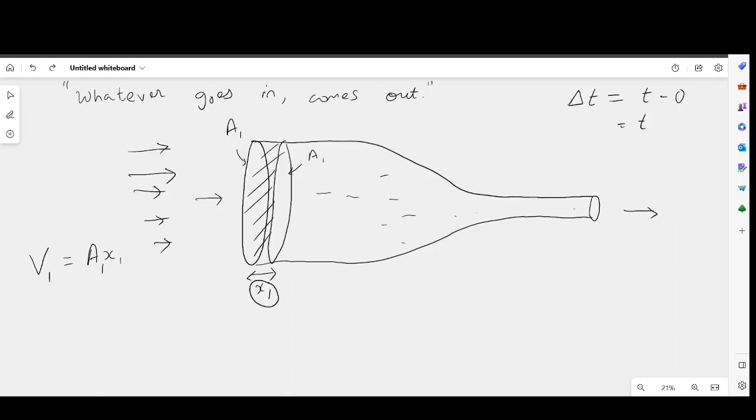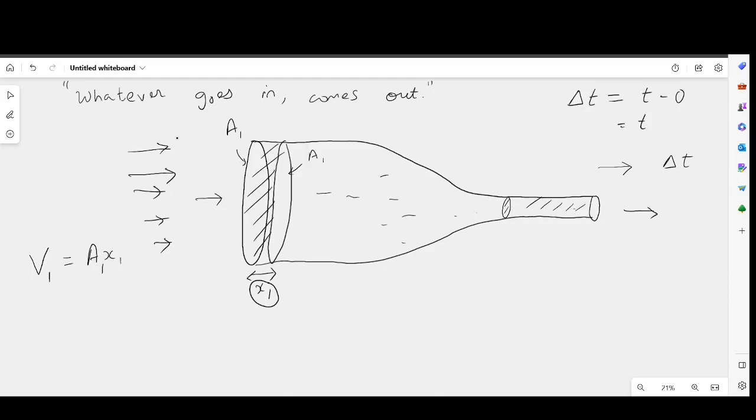So what is the amount of water that comes out from the other end in the same amount of time delta t? That volume can correspond to any value of x. For example, it can be this shaded volume, or this shaded volume.